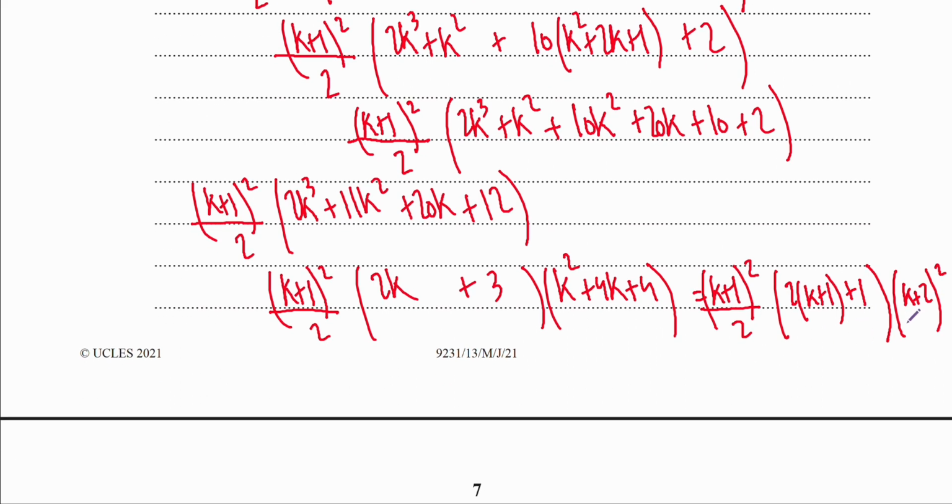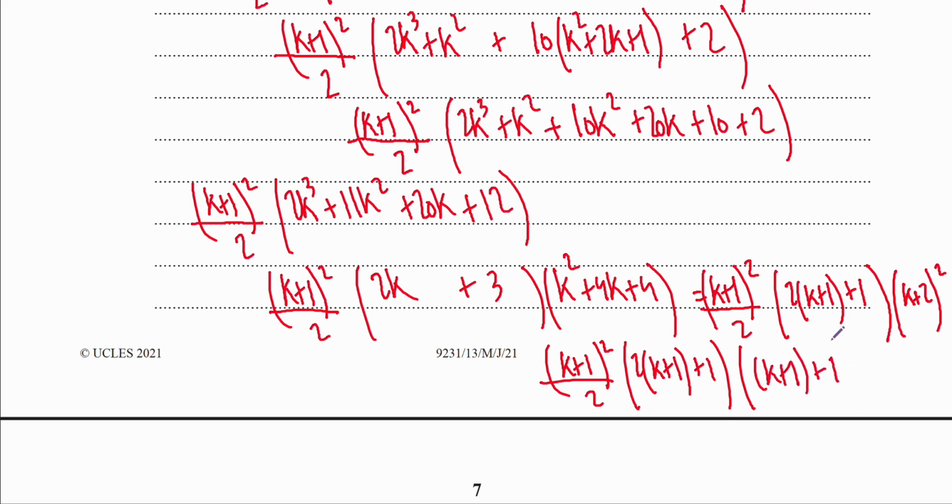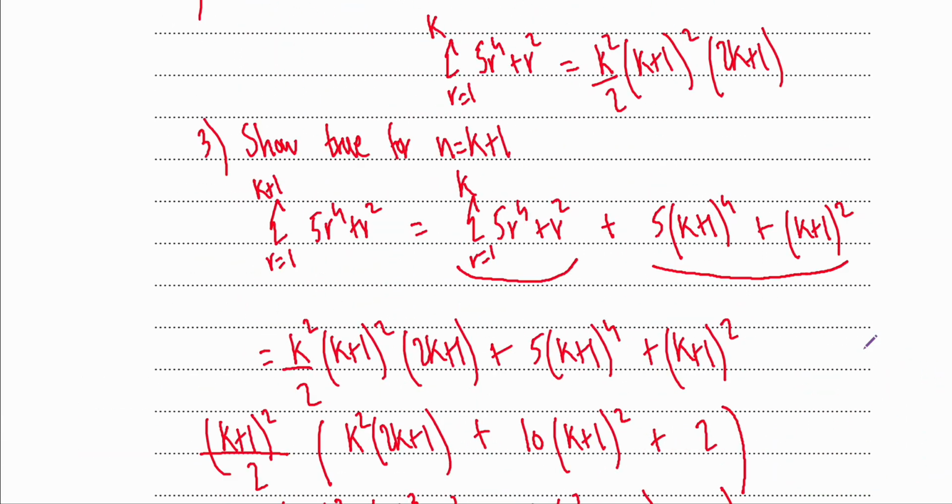But this is actually k plus 1 squared. So I actually have k plus 1 squared over 2, and over here I have 2k plus 1 multiplied by brackets k plus 1 all squared. And look, that's exactly what we wanted to show.